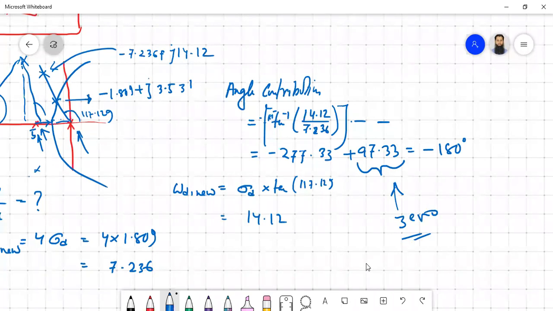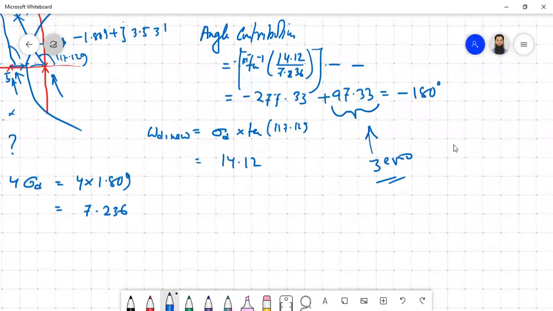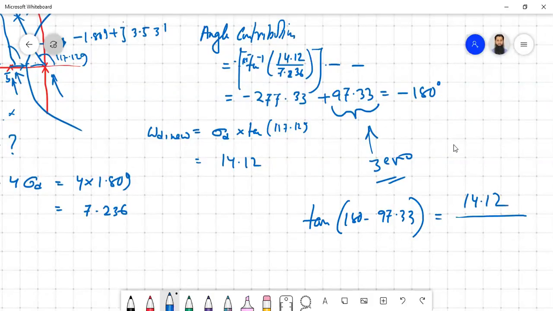So what is the formula? Again, the angle is more than 90 degrees. Whenever it is more than 90 degrees, your formula will be tan of 180 degrees minus 97.33. Then the height is always the same, so 14.12. Then you will have 7.236 minus this.